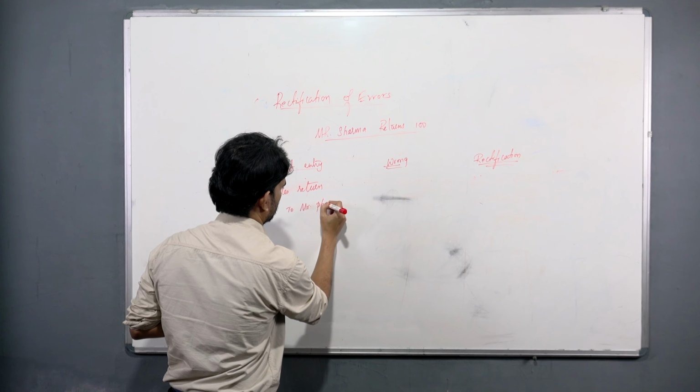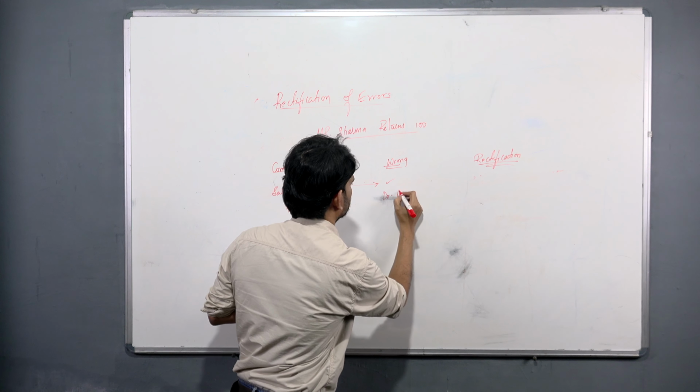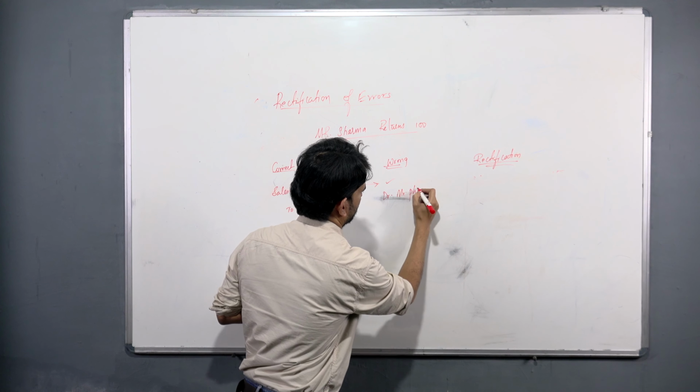What he has done is that he has posted the 150 amount to the debit of Mr. Philip. Okay, so which means the first leg, the sales return entry, has been correctly posted, but Mr. Philip, instead of crediting, he has debited.